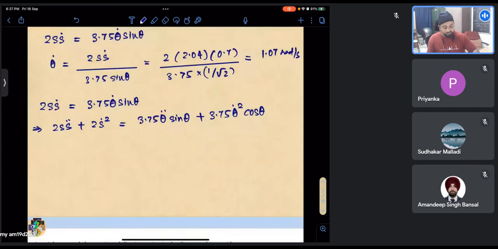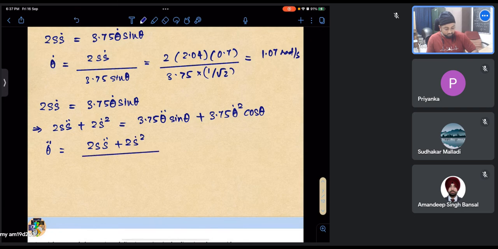Theta double dot. So let us solve for theta double dot as a general expression. We will get 2s s double dot plus 2s dot squared, minus 3.75 theta dot squared cos theta, all of this divided by 3.75 sine theta.